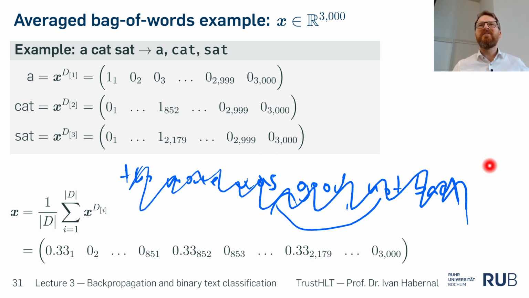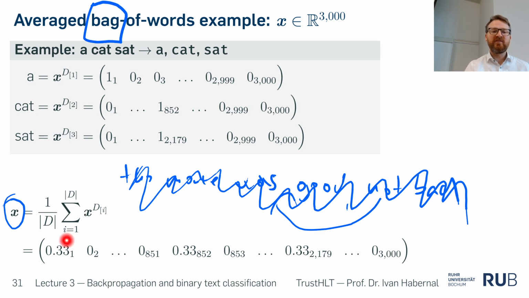I'm pretty sure there are better examples where the word order matters for the task. Of course, that's why it's called the bag of words. You take the words and throw them in the bag, and the ordering of the words doesn't matter in this average, because everything in the bag is taken into one vector.